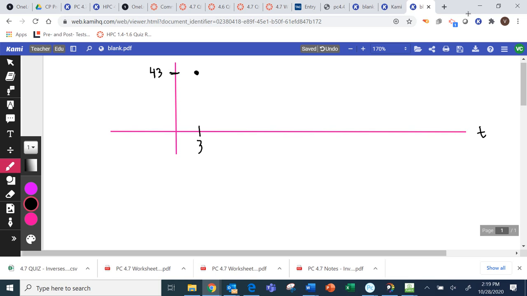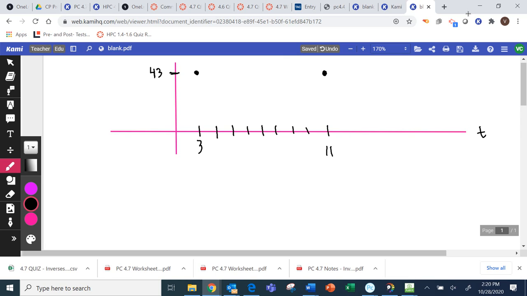And then it takes 8 full seconds to make one rotation. 8 seconds to make one rotation, which I think is kind of fast. So 3, we're going to add 8. 4, 5, 6, 7, 8, 9, 10, 11 would be adding 8 to 3. That is the second time she would be sitting all the way at the very top.